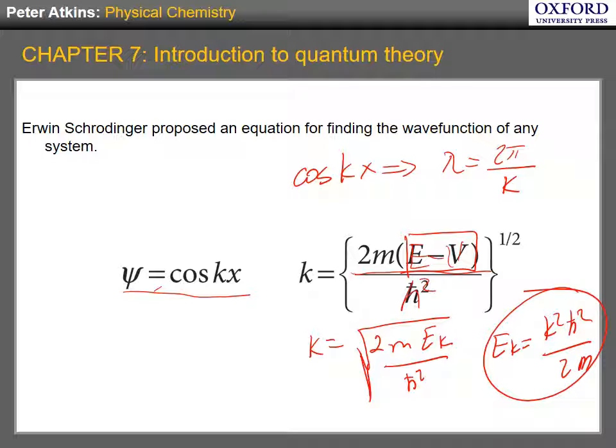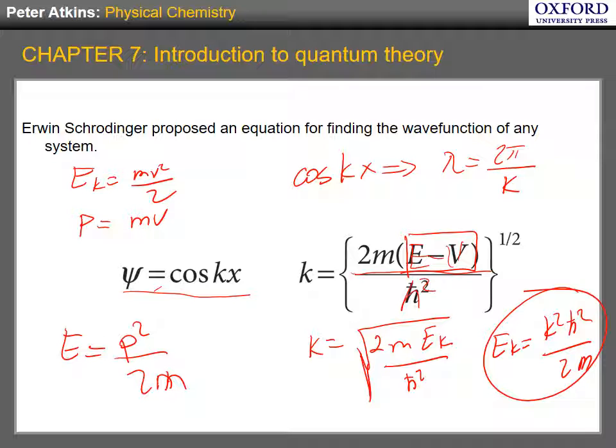Now, this is also very interesting. The kinetic energy, therefore, equals momentum p squared divided by 2m. Why? Because kinetic energy equals, obviously, mv squared divided by 2, right? We remember that. And we know that momentum p equals mv, right?